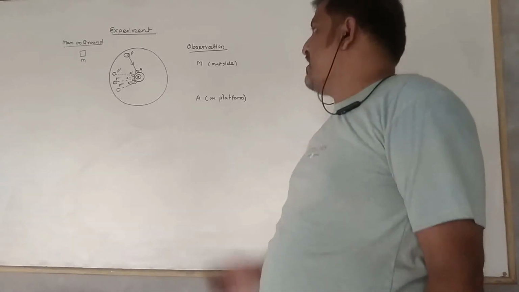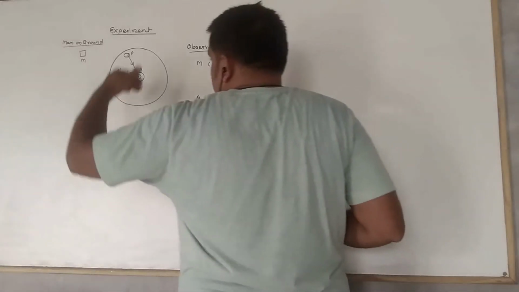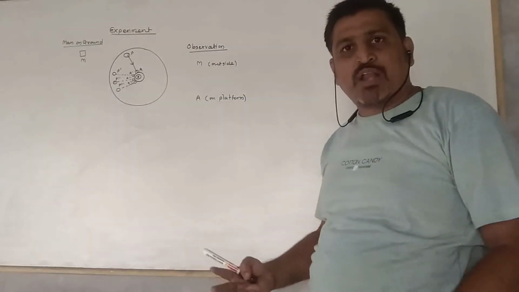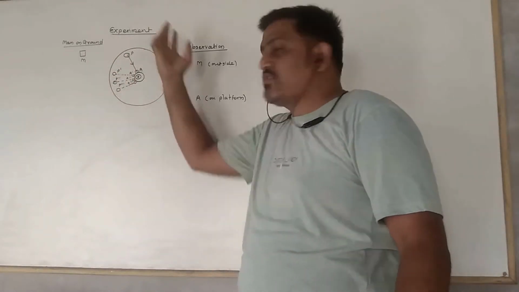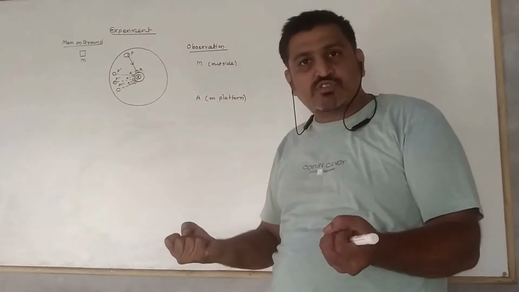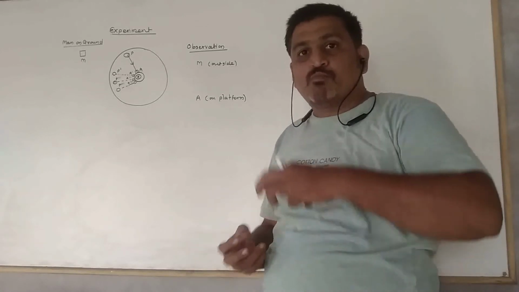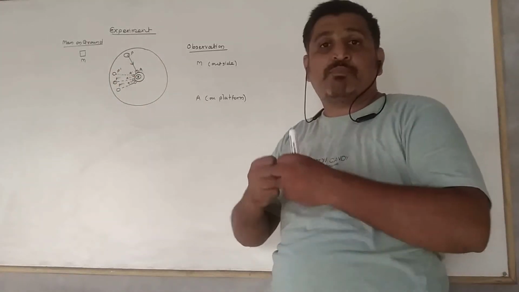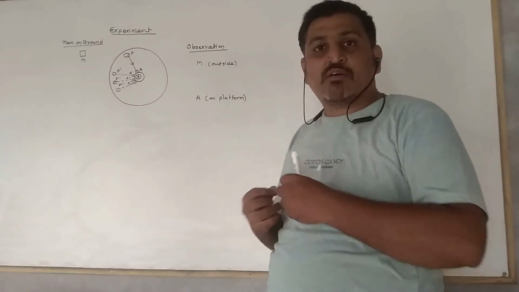Now what are the observations of both the persons that we are going to discuss? When the merry-go-round starts, what is the observation of the person M who is standing outside the merry-go-round platform? As the merry-go-round starts moving, we find that initially the string which is in a loose state, due to the circular motion provided to the platform, the tension in the string increases and it becomes straighter.